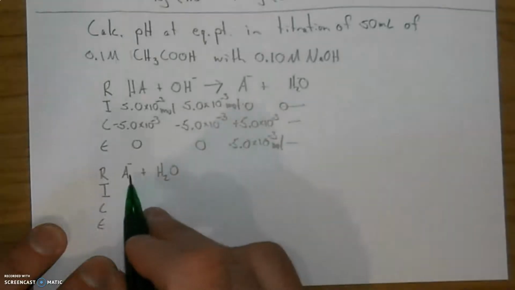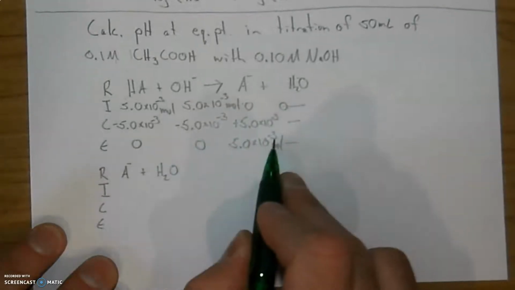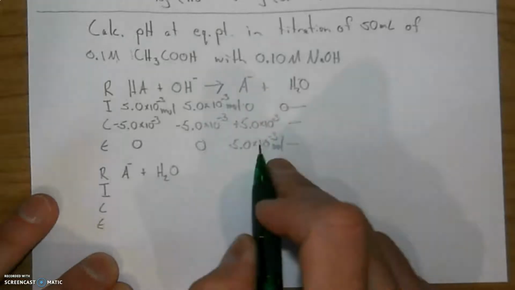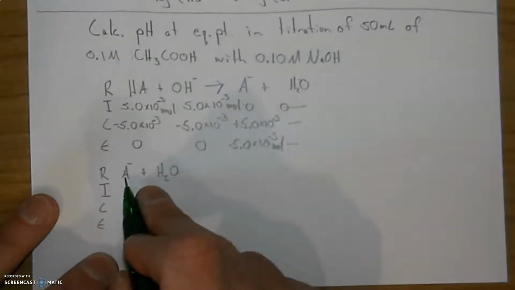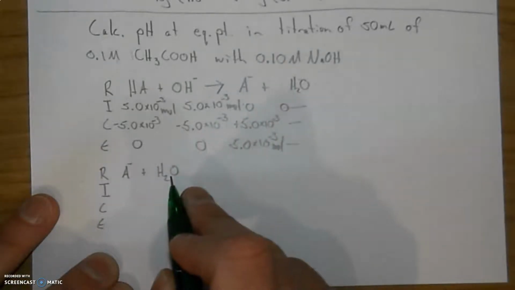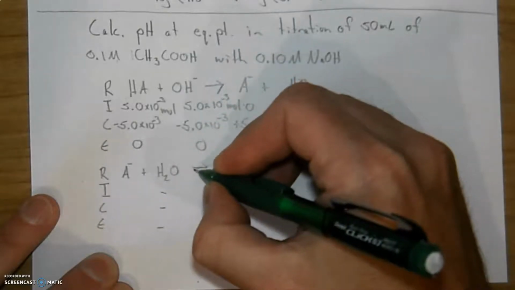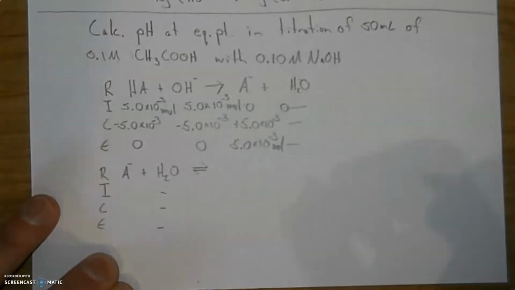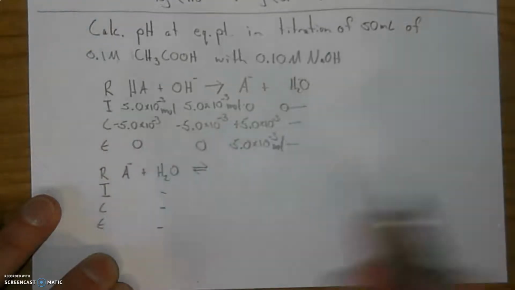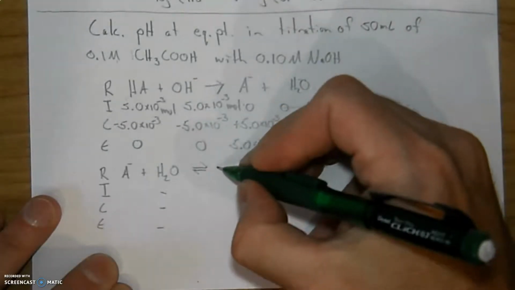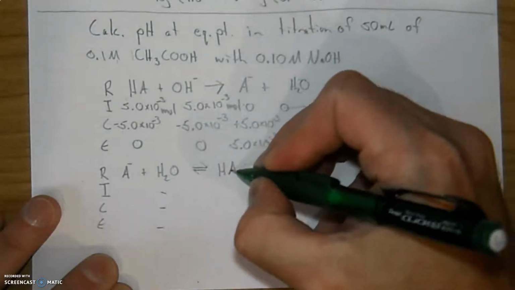Now, this is what was remaining at the end of the titration, the conjugate base. Here it is. We're sitting here reacting with water. Water, again, I'm not concerned about. And it will form an equilibrium because it's the conjugate base of a weak acid. It's going to have some balance between itself and the original weak acid.